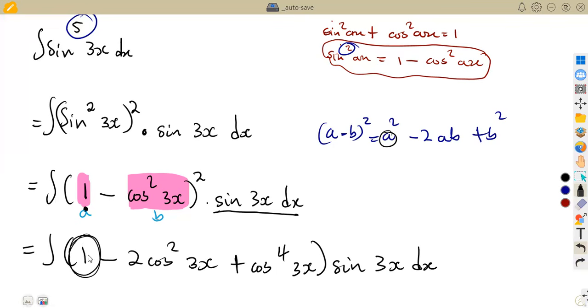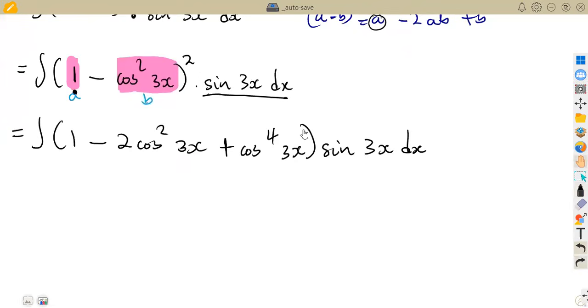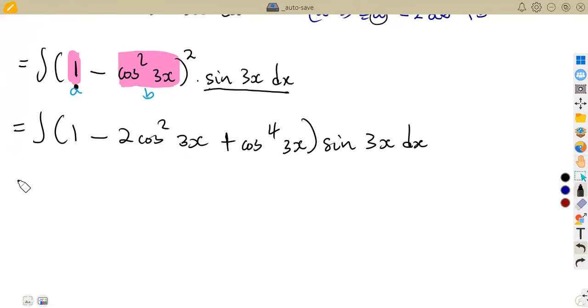Look, here there's a 1. If you introduce a u, what is going to cancel here? So on this question, we are forced to separate each and every part. We multiply by sine of 3x dx each and every part inside of the bracket.